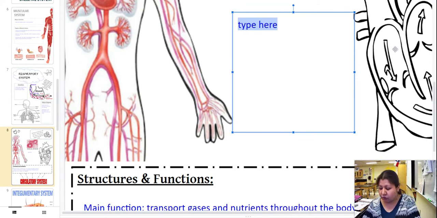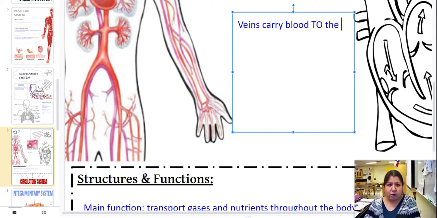If we're going to compare a vein to an artery, veins carry blood to the heart. Because it's going back to the heart, it's already gone all throughout our body. You've probably gone to the doctor and they've probably checked your blood pressure.